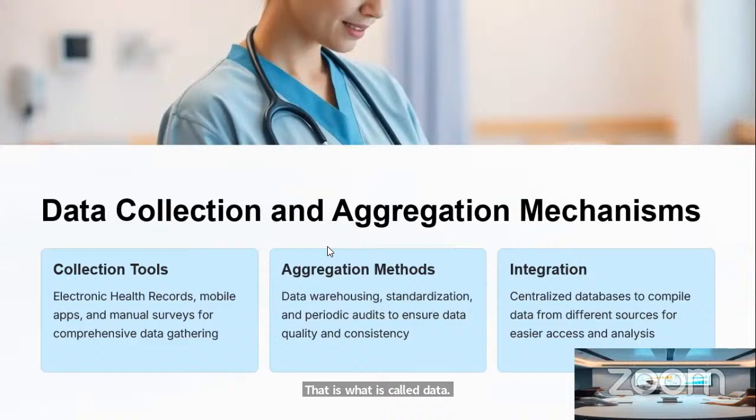Then the other one is standardizing the data. This is data standardization, meaning that the data collected is made to be standardized, and sources of errors in the data are eliminated, reduced or avoided as much as possible.